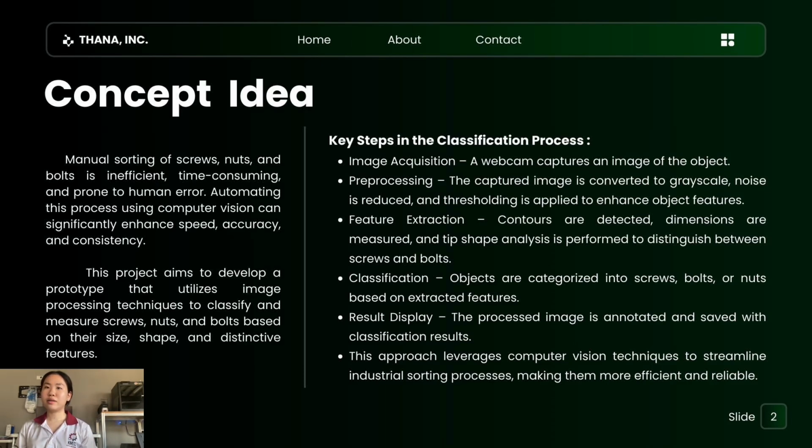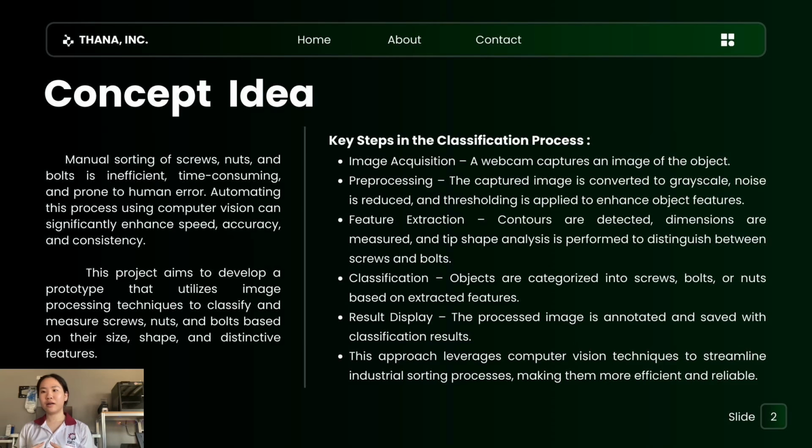So here are the key steps in the classification process. Image acquisition: a webcam captures an image of the object. Pre-processing: the captured image is converted to grayscale, noise is reduced, and thresholding is applied to enhance object features. Feature extraction: contours are detected, dimensions are measured, and tip shape analysis is performed to distinguish between screws and bolts.